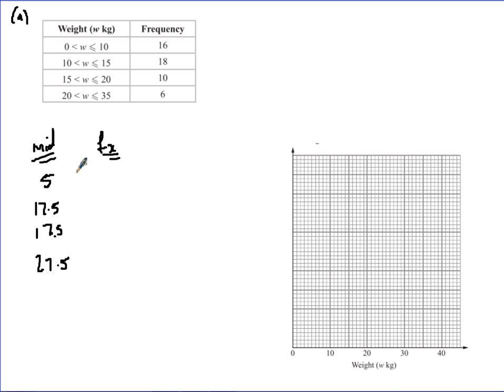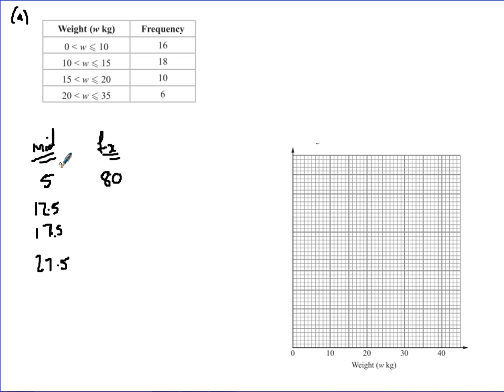We're going to times these midpoints by the frequencies. So 5 times 16 is 80. 17.5 times 18 is 315. Sorry, I can't read my own writing there, can I? That's 12.5. So step 1, make sure you can understand what you've written yourself.